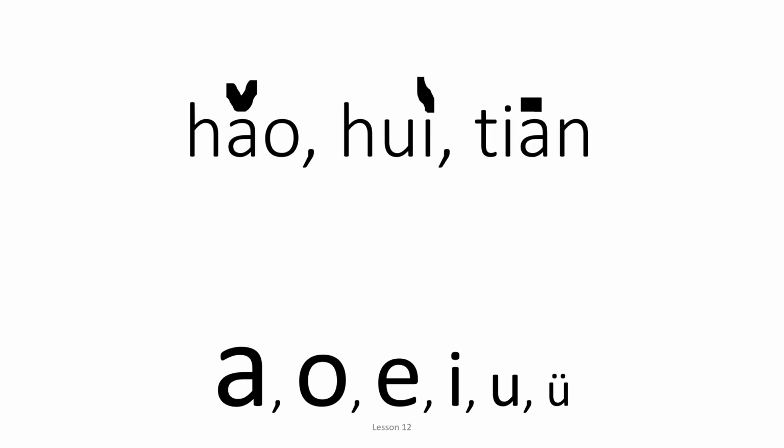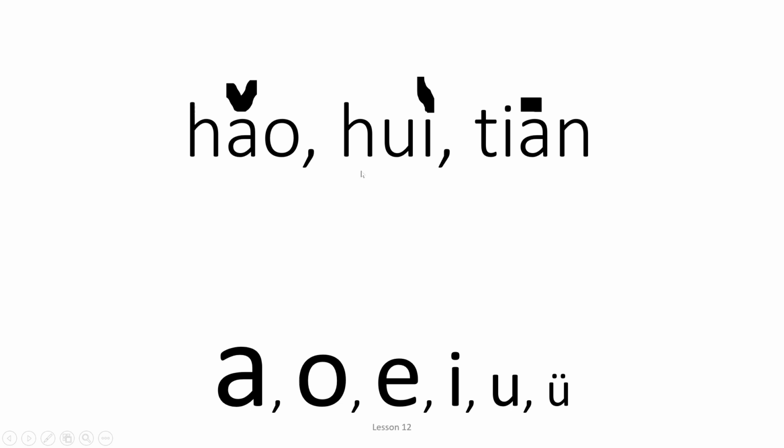Here are some examples. 好. In this sound, you have a and o. A is in front of o, so you put the tone mark on top of a. 会.